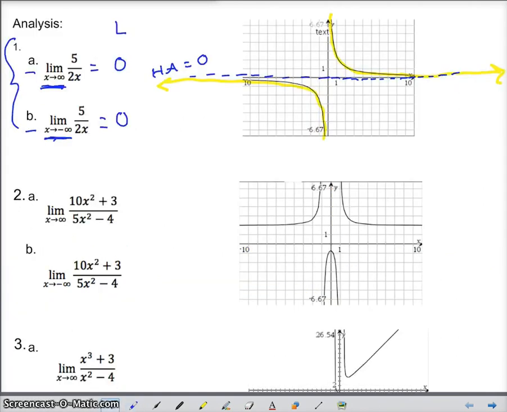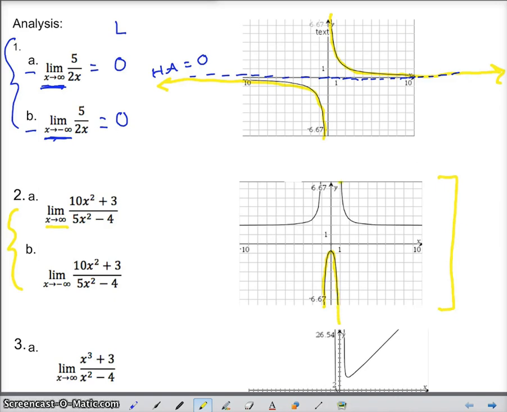Take a look at 2a and 2b. The function is graphed for you here on the right. I recognize that these are rational functions, and I'm finding the limit as x approaches positive infinity in a. So if I want x to approach positive infinity, if I start here in the middle, my x-coordinates are approaching 0, and now my x-coordinates are approaching 1, but if I stay here in the middle, my x-coordinates are never going to get close to positive infinity.